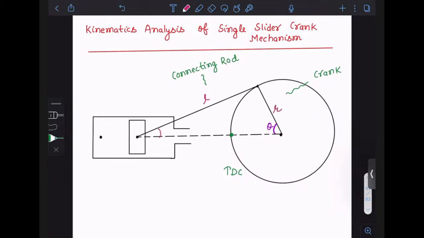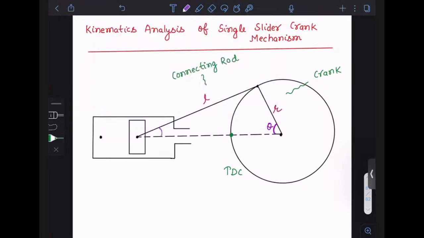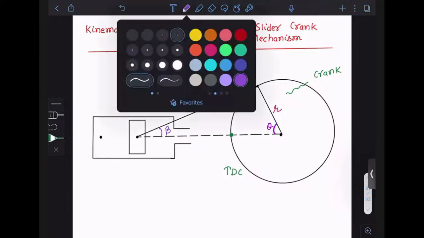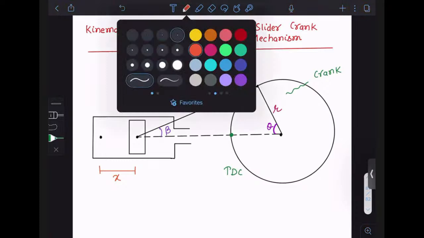And this angle we are assuming as beta. So now, this is the displacement, you can say, when it is going to displace by X amount. Right, X. And this is called your piston.